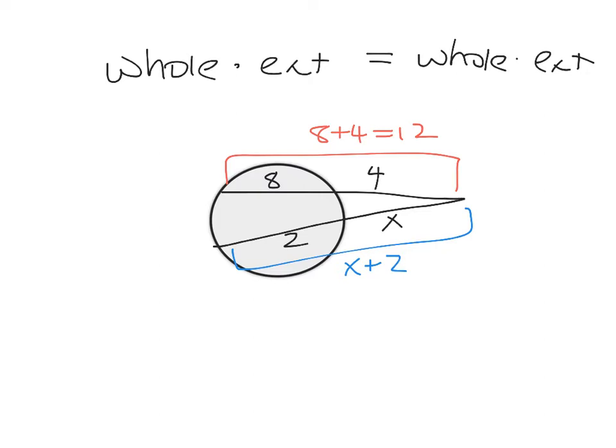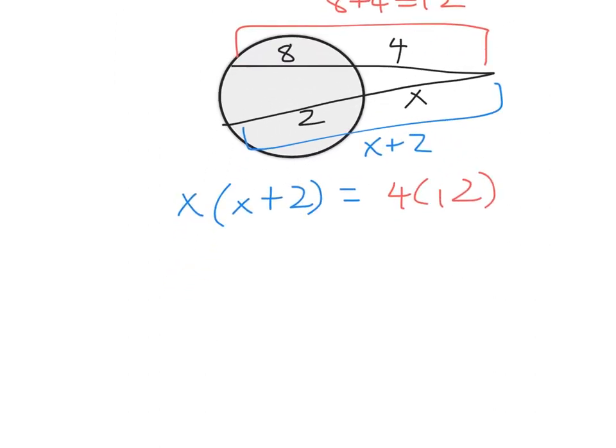So when I go to do this one, I'm going to do x times x plus 2. And for the red, it's just going to be 4 times 12. I'm going to distribute, and I get x squared plus 2x equals 48.